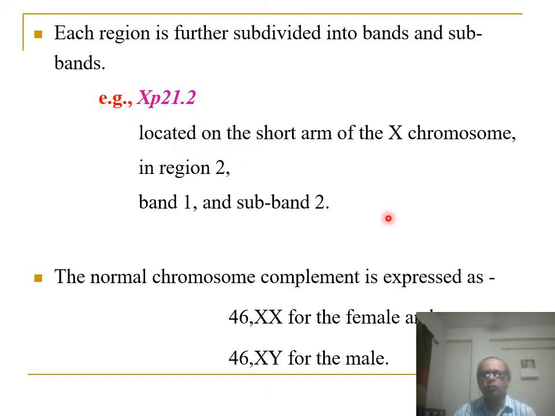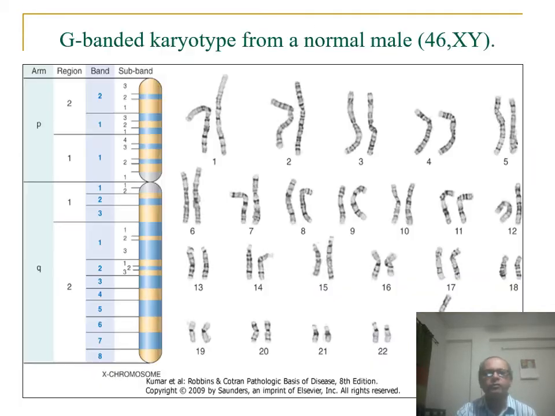The normal chromosome complement is expressed as 46,XX for female and 46,XY for male. I think it is already known to you. Here is a G-banded karyotype from a normal male. We can see all 22 pairs of autosomes and one pair of sex chromosomes.